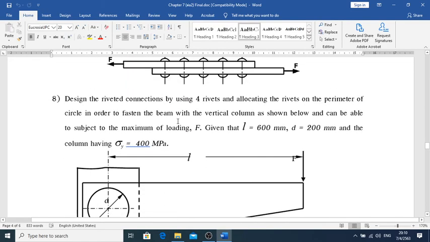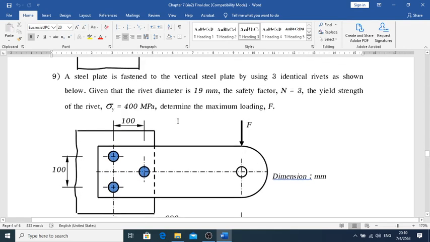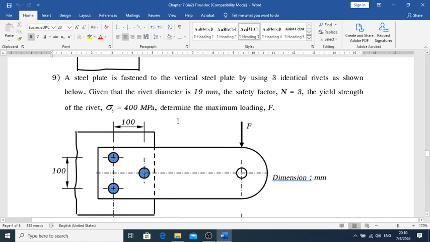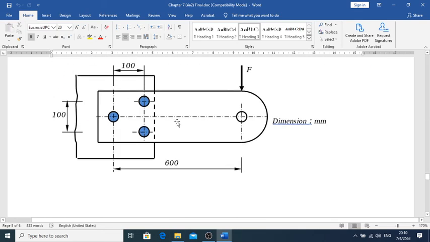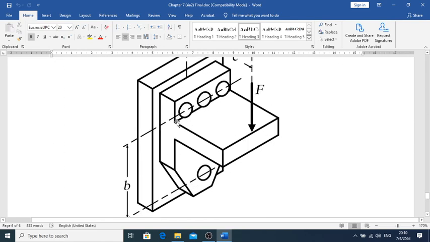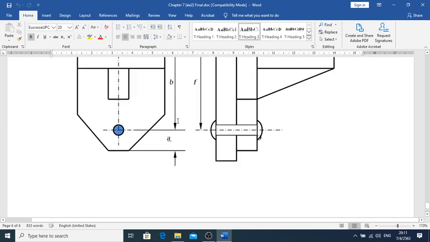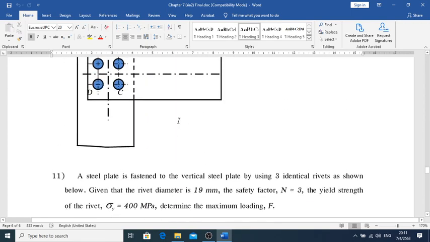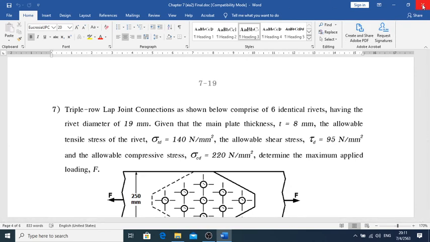Number 8 is our mechanical engineering design, number 9 is design, then numbers 10, 11, and 12. Very good, one example there. You may go by yourself for practice on the problem set.